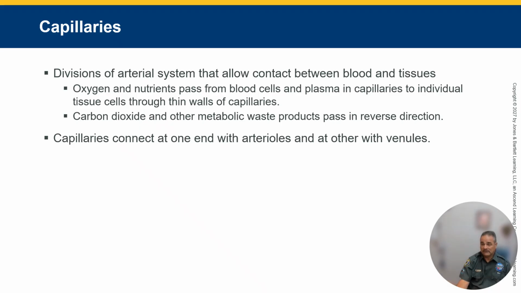Okay? All right? So those pickup trucks are the arterial side where the red blood cells go. And the dump trucks are on the venule side. They're carrying the carbon dioxide back to the lungs to dump it off so it can be gotten rid of. Everybody with me on that? That's just a simple analogy.